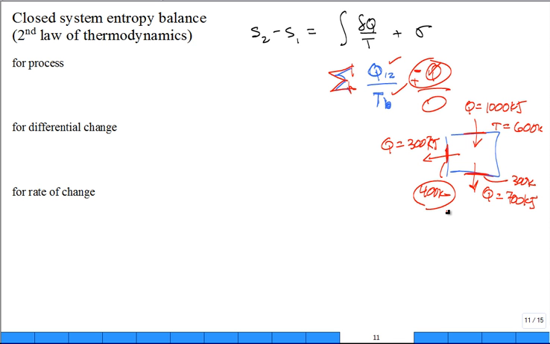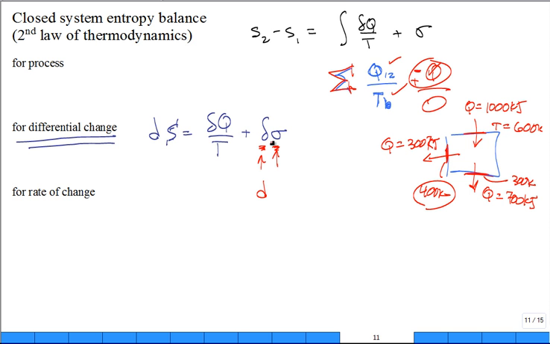Okay. So for a process, that's what the equation looks like. But also, for a differential change, a very small change, you can write it as dS is equal to delta Q over T plus delta sigma. And it's a small amount of entropy generation. Because entropy generation is not a property, don't put a d here.